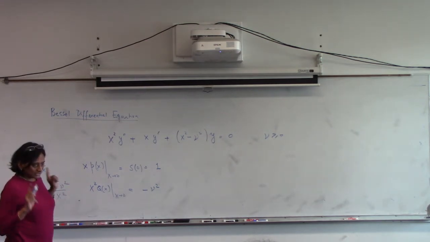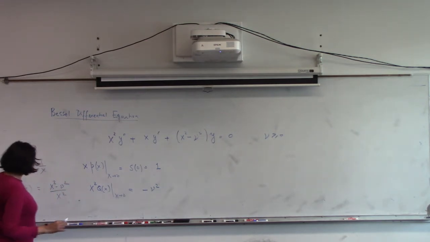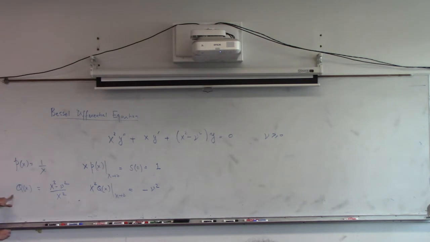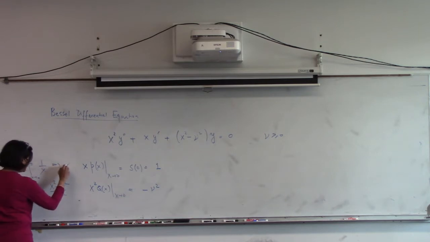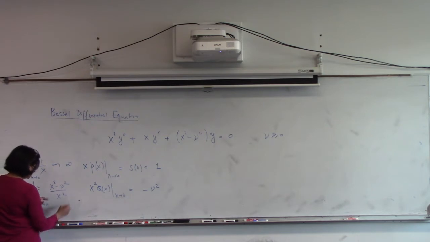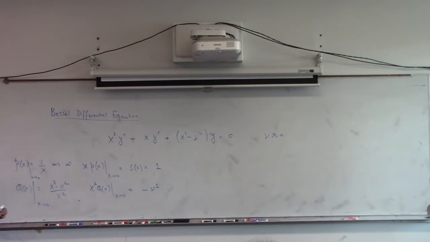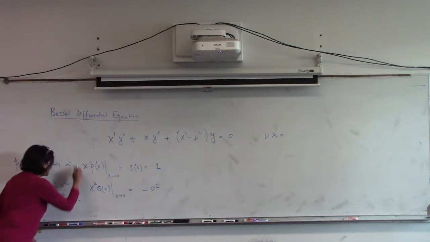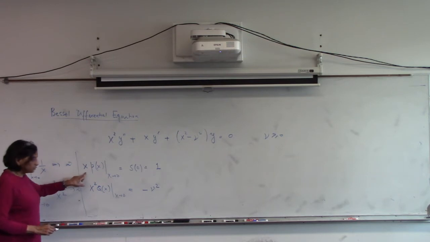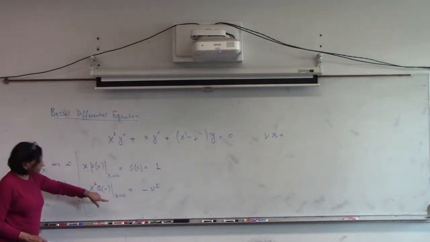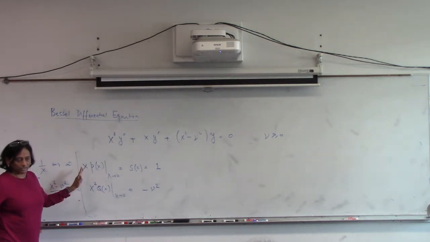So the starting point, you have to check this. If even one of them blows up as x tends to 0, then s of x becomes infinity, and the other also becomes infinity. Then we have to do the next check: are they finite? If they're finite, we can propose a Frobenius series.